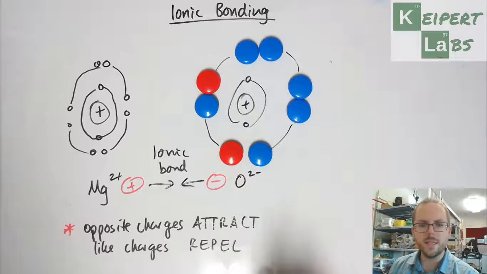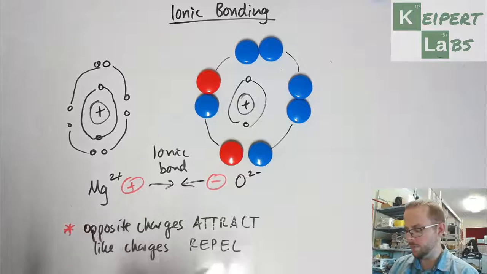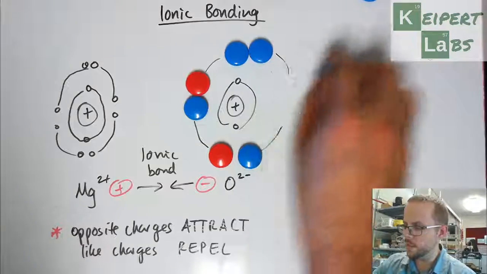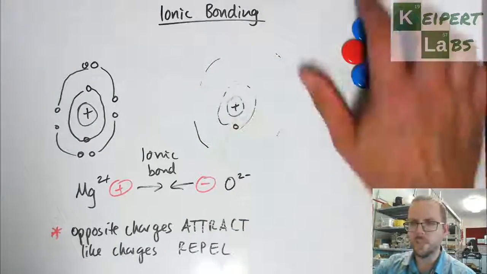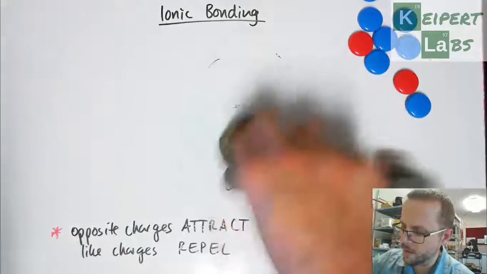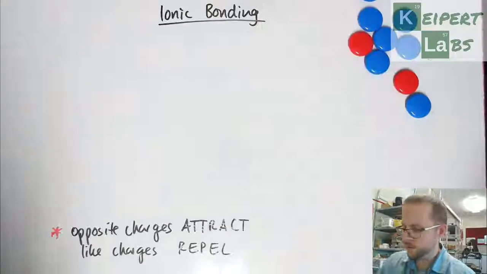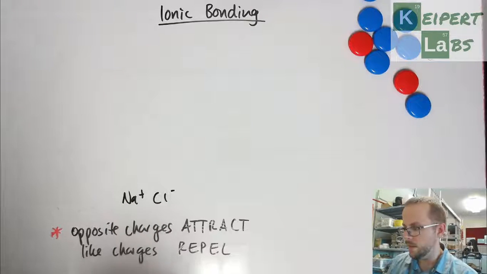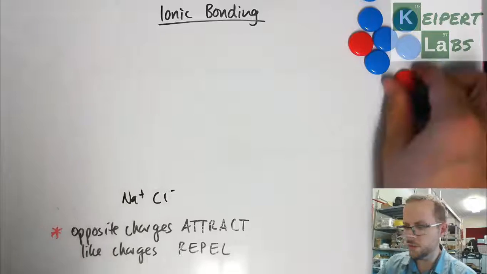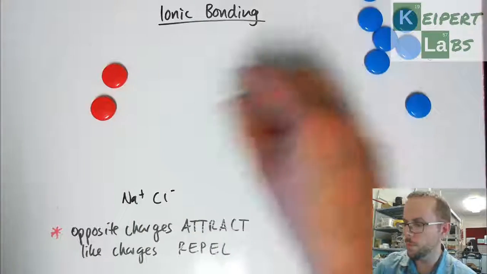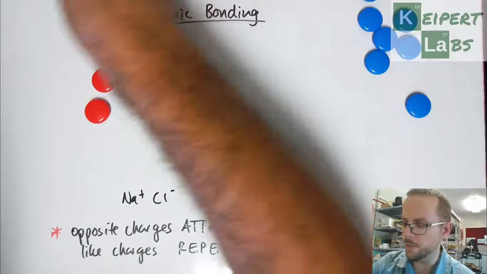So that's the way this works. Now let's start to look at a slightly bigger scale. I'll move those over here and we'll use them in a second. So let's consider our sodium and chloride. Rather than dots representing individual electrons, let the dots represent ions of a particular type.